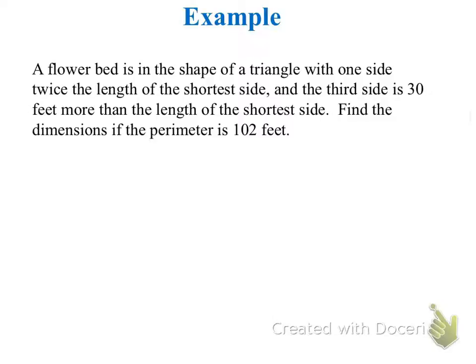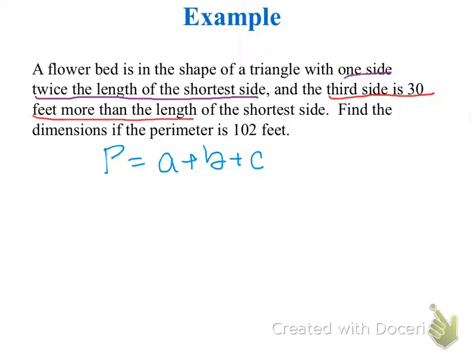The perimeter of a triangle is P equals side A plus side B plus side C, the 3 sides. So now we need to determine what we've got going on here. It says one side twice the length of the shortest side. And the third side is 30 feet more than the length of the shortest side.